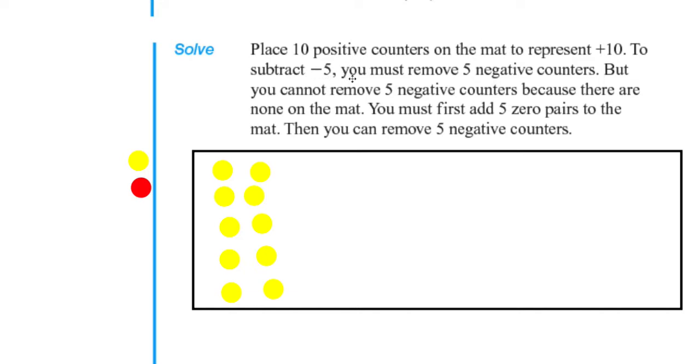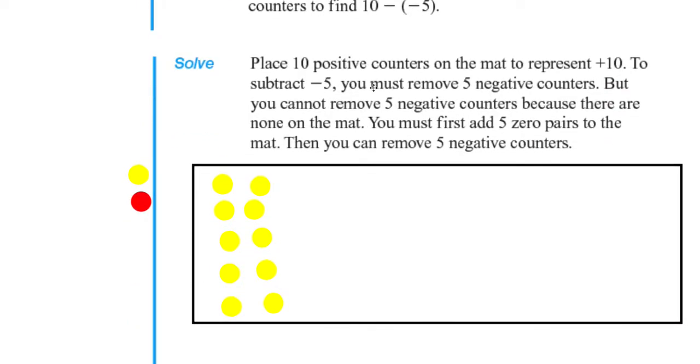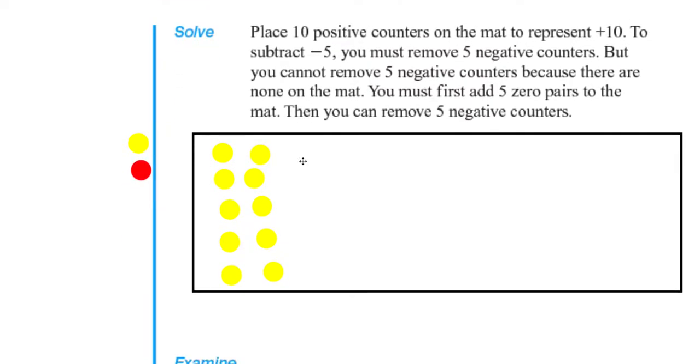To subtract negative 5, you must remove 5 negative counters. But you cannot remove 5 negative counters because there are none on the mat. So we have 10 minus negative 5, and if you notice, there are no negative counters on the mat.